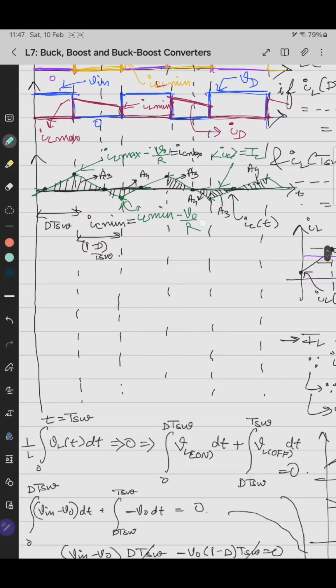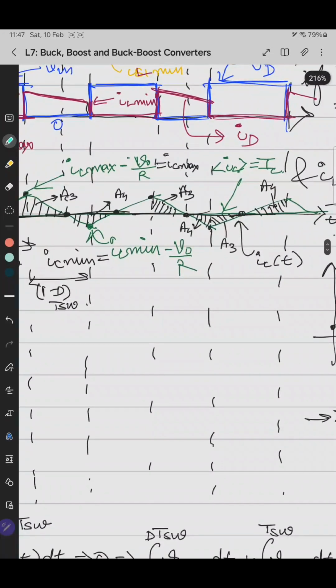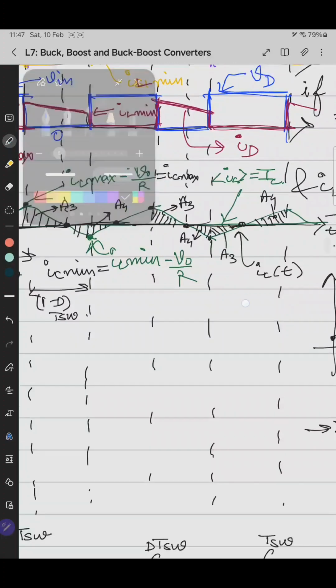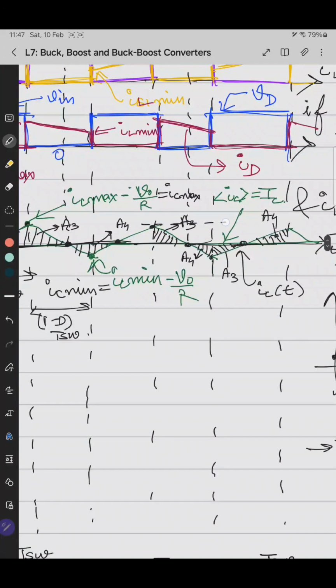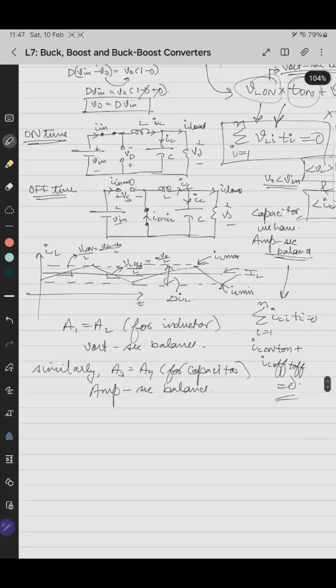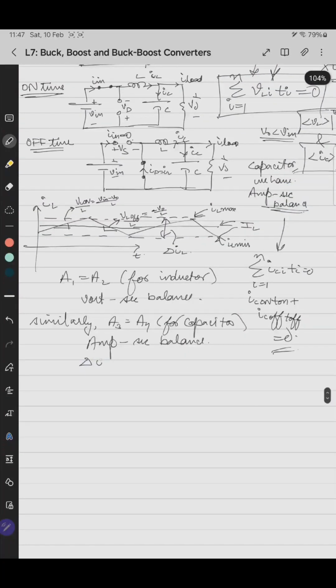Now by looking at this, you can say that this waveform may also have some average value. This is delta IC. So delta IC will be equal to delta IL, because the delta will be the same.